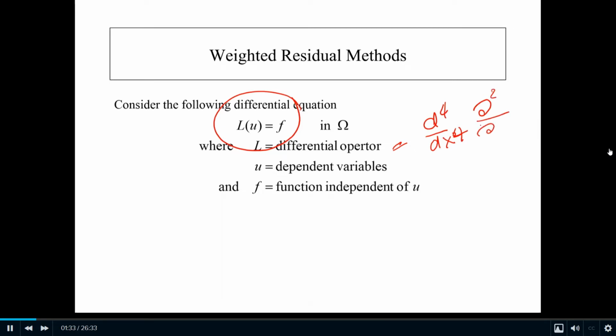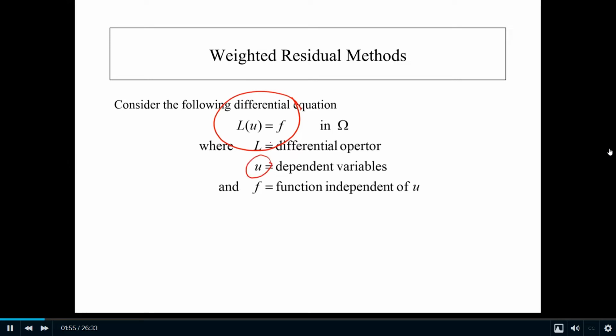For example, for the bar problem, this one is like d square by dx square. So L is a differential operator.